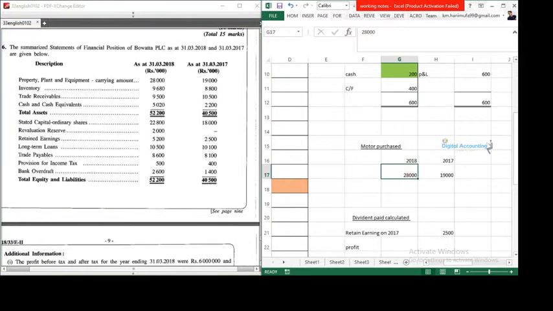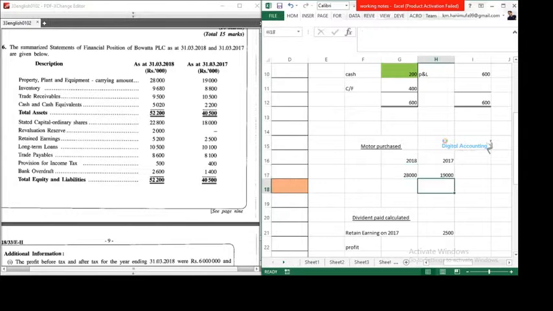You can't take the value by simply comparing the changes between 2018 and 2017, because there's a revaluation and also depreciation, so we need to adjust both. After that you can find how much the purchased value is. So there's a revaluation gain, and first we need to deal with the depreciation.